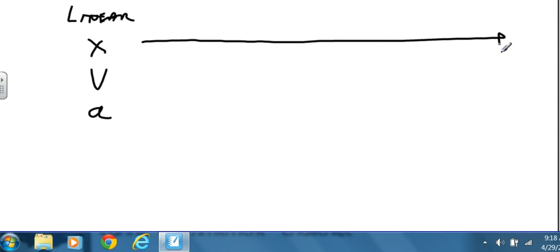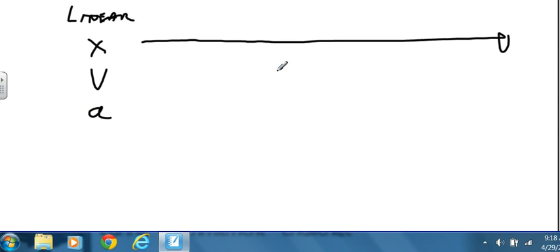So now we have the issue of, I have some position, I have some velocity, I have some acceleration. And those are linear things. So I can go that way, and I can go fast, and I can speed up.